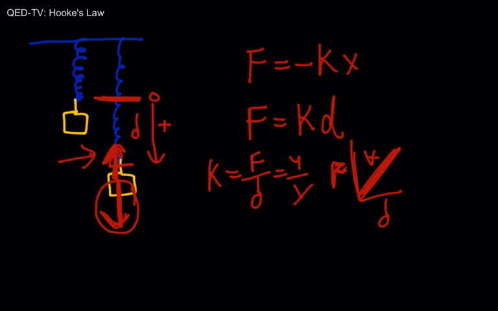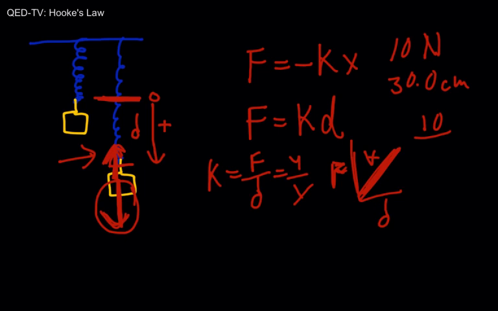So let's say we put a 10 Newton force on a spring and it stretched 30 centimeters. What would be the K constant? Well, it'd be the force of 10 divided by the displacement.